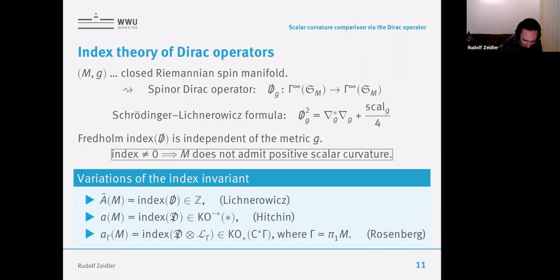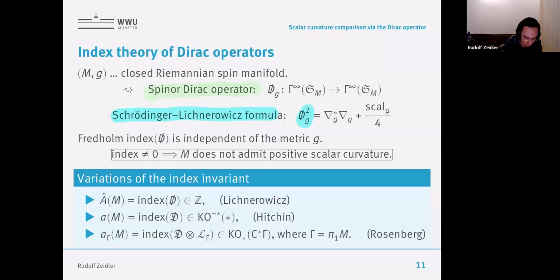And as such geometric Dirac operators always do, they satisfy a certain kind of Leibniz-Weitzenböck formula. In this particular instance, this is called the Schrödinger-Lichnerowicz formula, which relates the scalar curvature to the Dirac operator. So the square of the Dirac operator is the connection Laplacian plus a scalar curvature term.